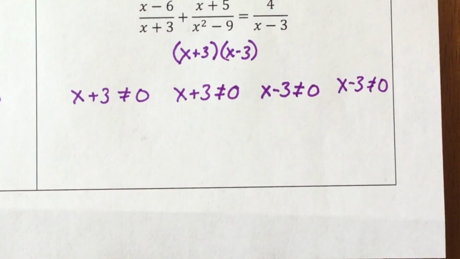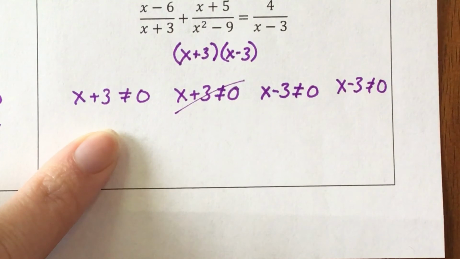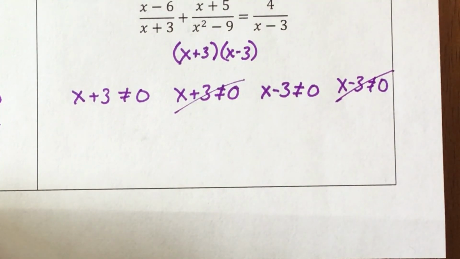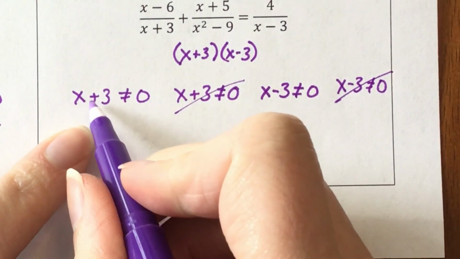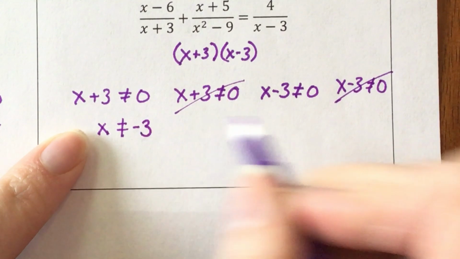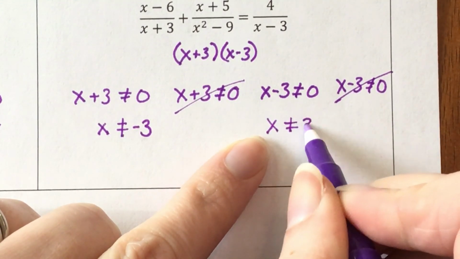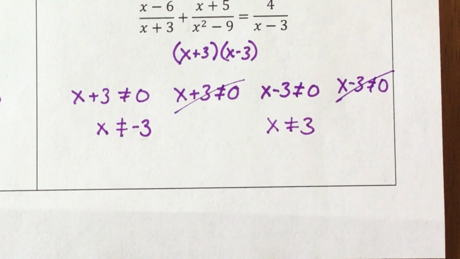You notice that 2 of those equations are the same, so we don't have to do it twice. If we subtract 3 from both sides on this one, we end up with x does not equal -3. Add 3 to both sides on this one, x does not equal +3. The end.